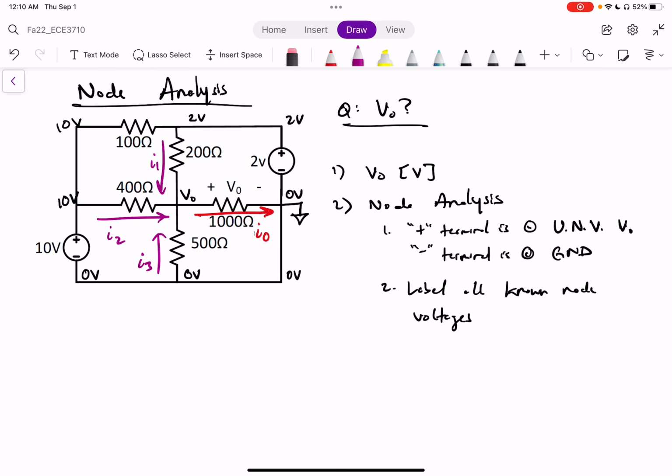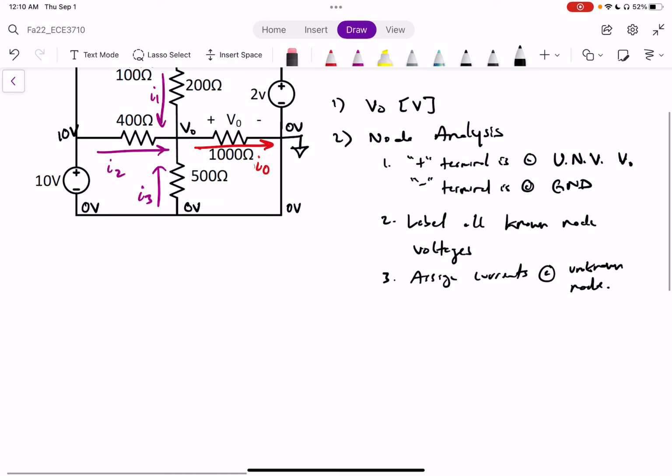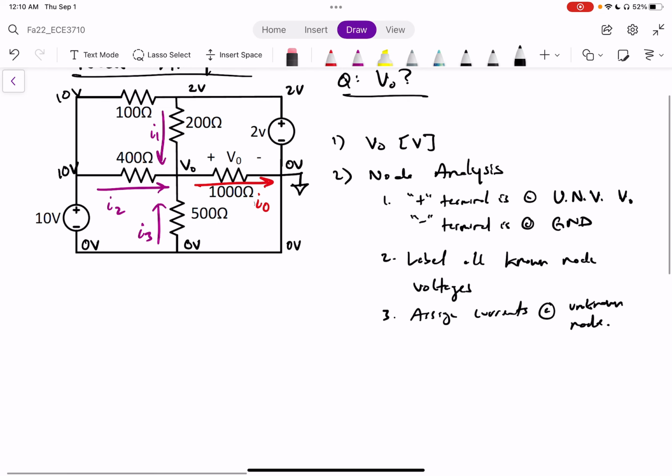Okay, so label all known node voltages, going back. Step 3: assign currents at the unknown node. So current leaving the node towards ground.